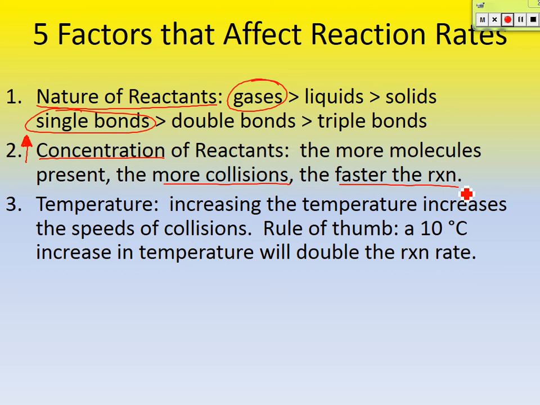It's not true of every reaction, but it's pretty good generalization. A 10 degrees Celsius increase in temperature will double the reaction rate. So if you want the reaction to go twice as fast, what do you got to do? Increase the temperature by 10 degrees. It'll go faster.